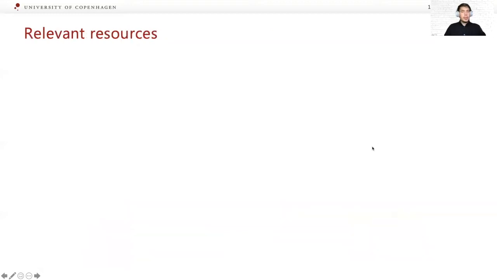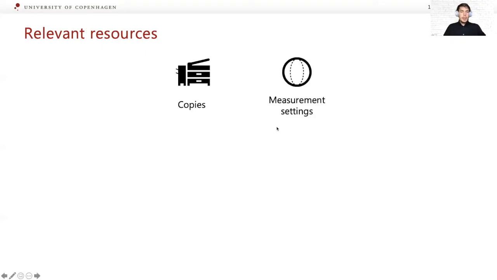And there are many relevant resources to optimize for when trying to work with this problem. Namely, first of all is the sample complexity. So how many copies of the state rho do we actually need to produce to obtain a good approximation to it? But it is also important to optimize the number of measurement settings, because in many platforms it actually takes a lot of time and calibration to measure different bases corresponding to different unitaries.